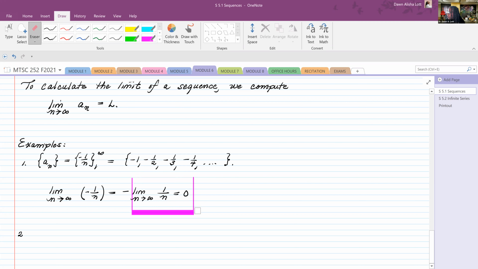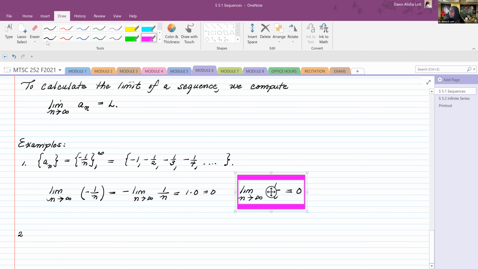I'm going to write that just a wee bit different. This is equal to minus 1 times 0, which is 0.